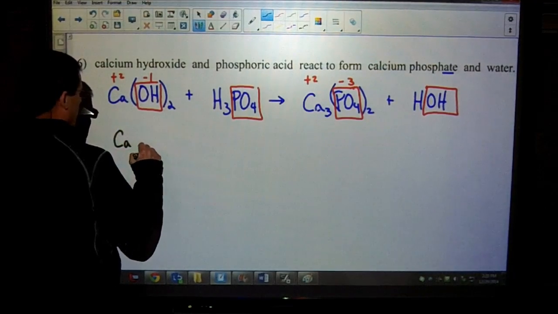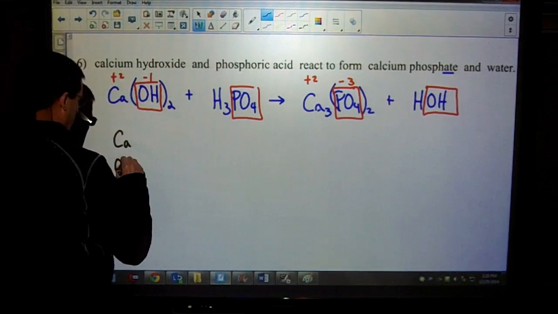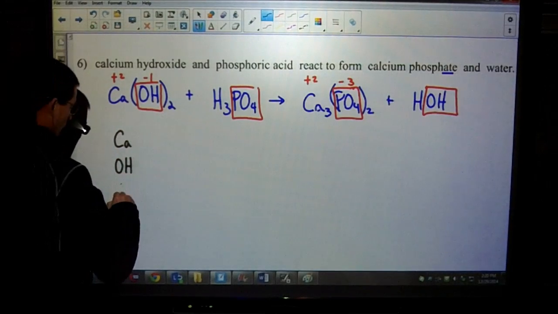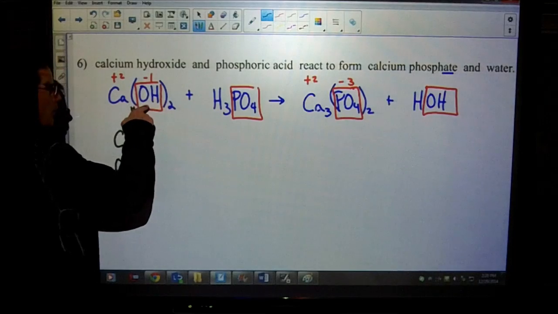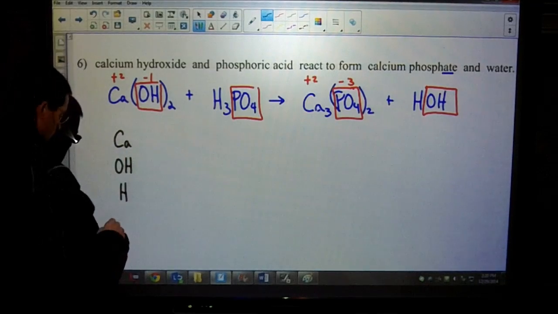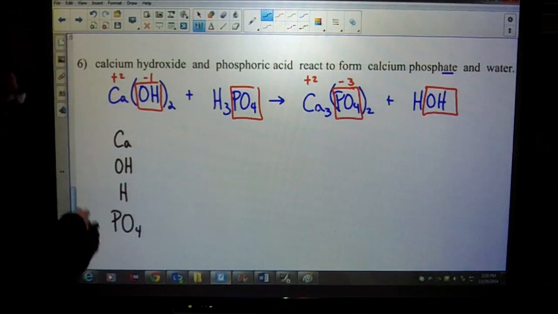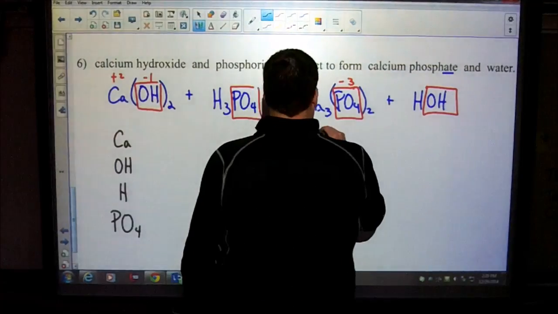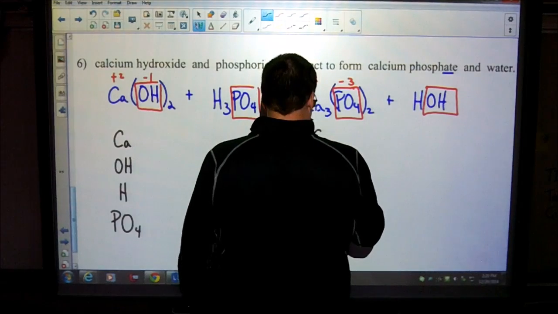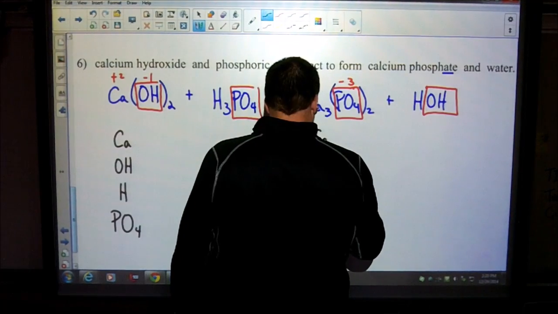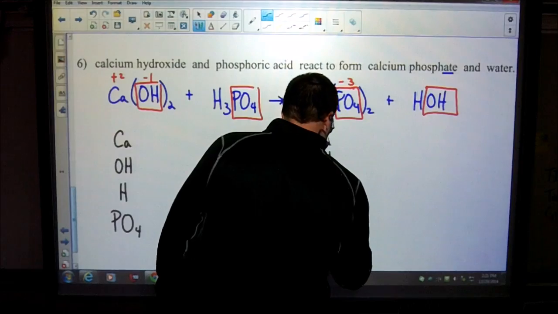So I've got calcium, I've got hydroxide, I'm going to leave it as a poly. I have hydrogen, and notice that hydrogen and hydroxide are 2 different critters here, and it'll make it a lot easier for you. Phosphate, and don't write the charges, so let's keep it in the same order. So calcium, hydroxide, hydrogen, and phosphate.